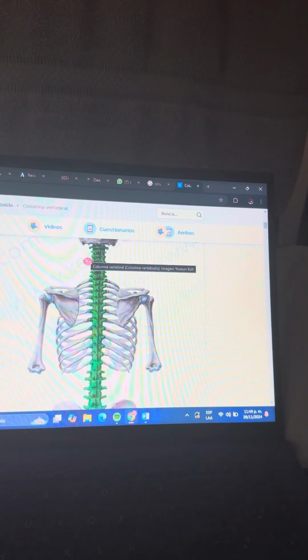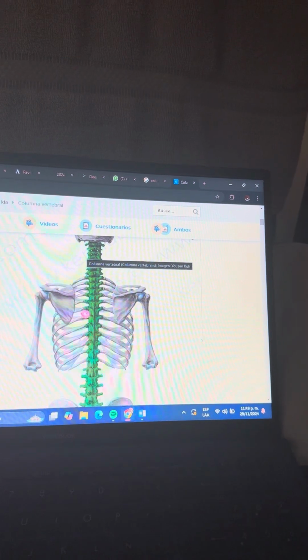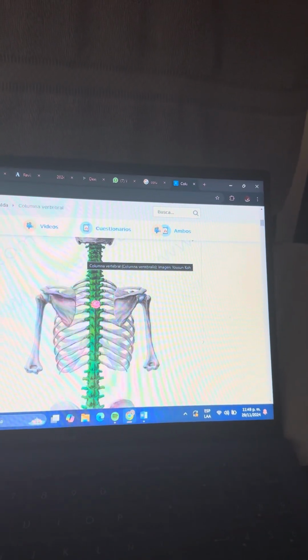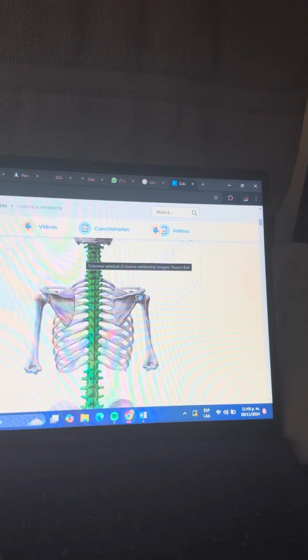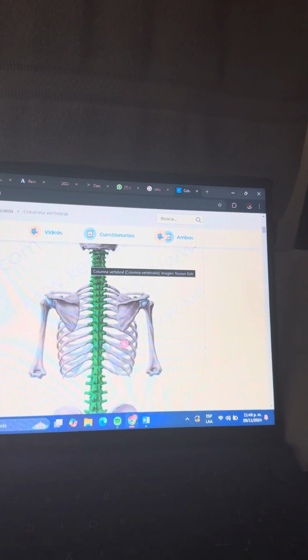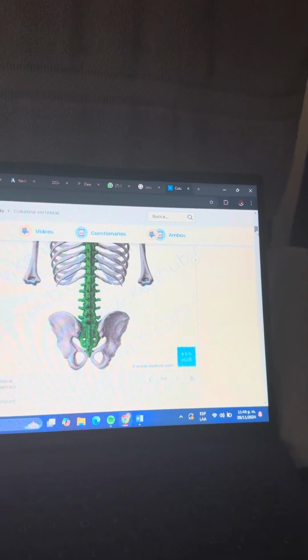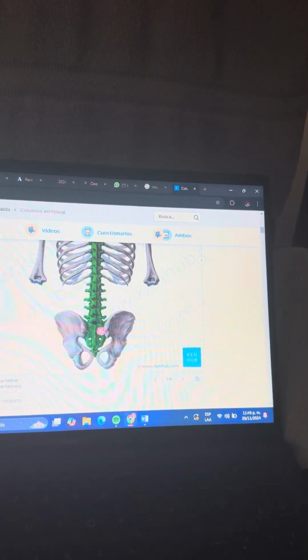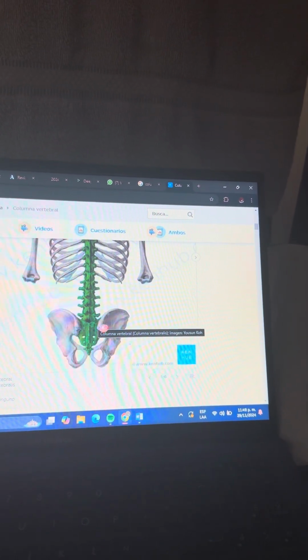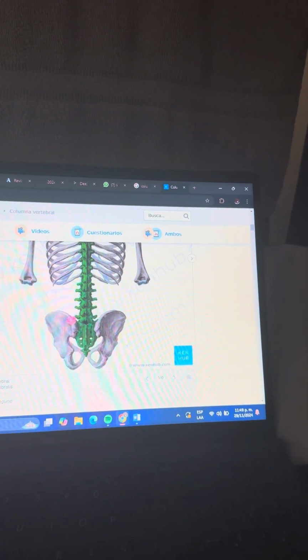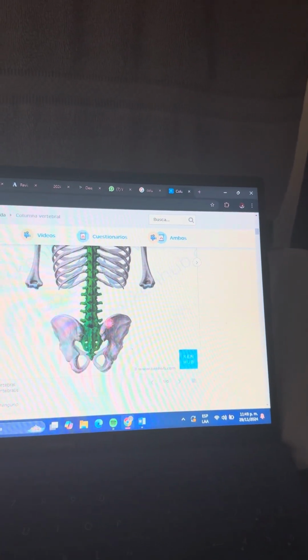The thoracic vertebrae articulate with the ribs, and the sacrum articulates with the coccygeal bones to form the pelvis.